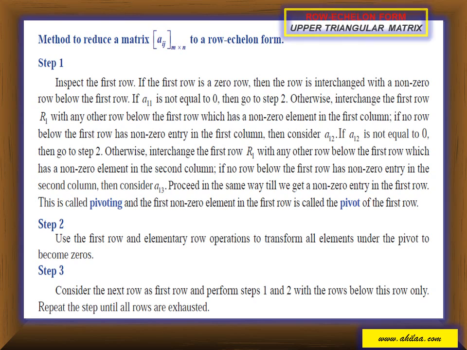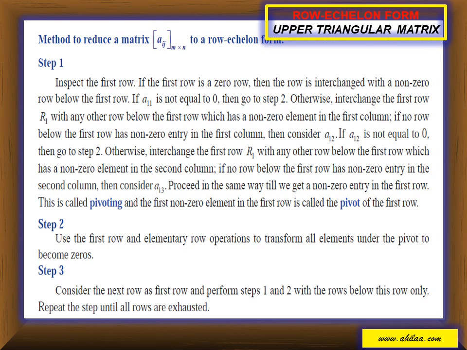Simply saying, we try to make an upper triangular matrix. That is, from the bottom onwards, we try to keep all the elements as 0. When we do such operations for a particular row or column, considering one particular element to be 0, automatically the matrix is converted to the equivalent row-echelon form matrix.